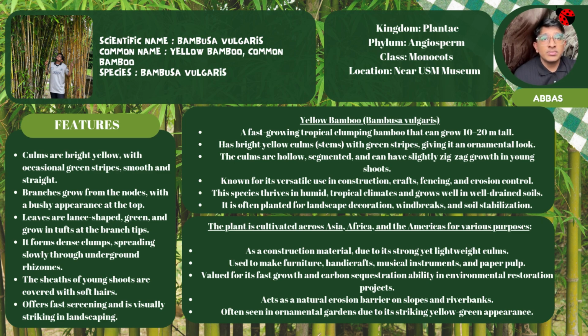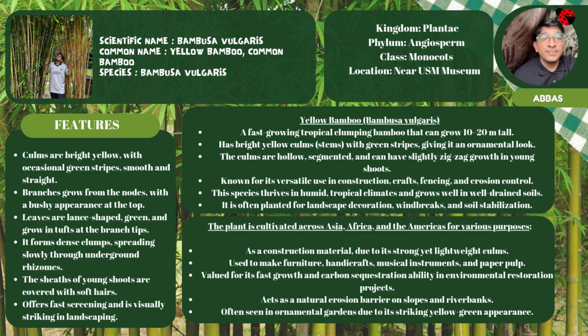This bamboo is more than just pretty. It's widely used in construction, for making furniture, crafts, musical instruments, and even paper pulp. It also plays a big role in landscape design, windbreaks, and soil erosion control, especially in areas prone to landslides.